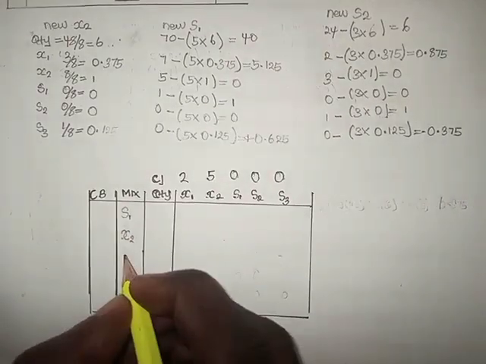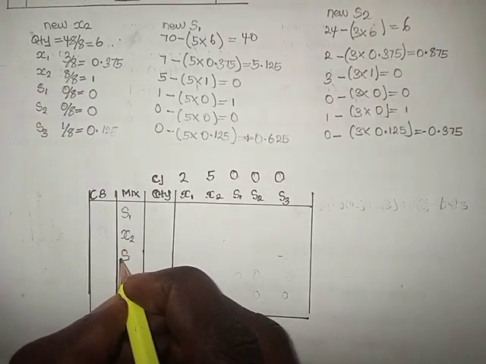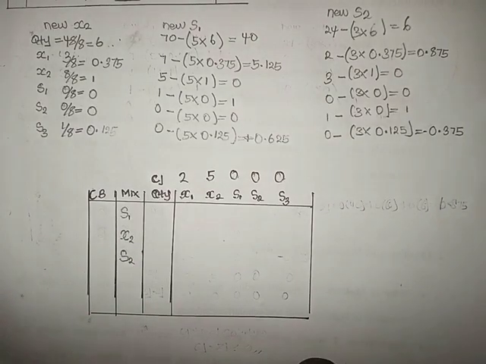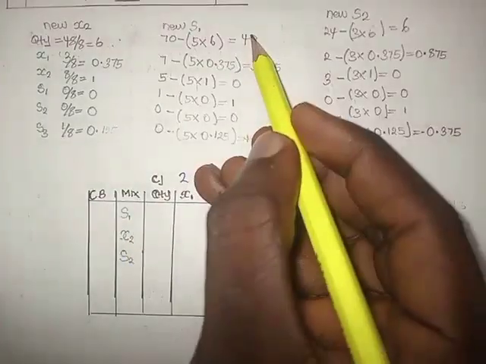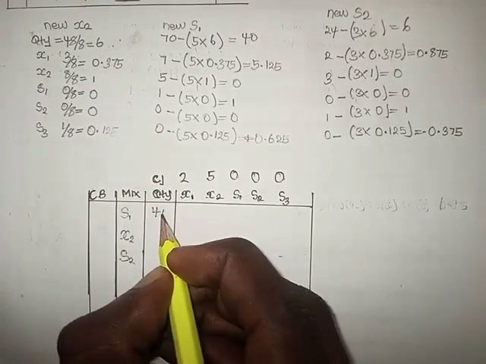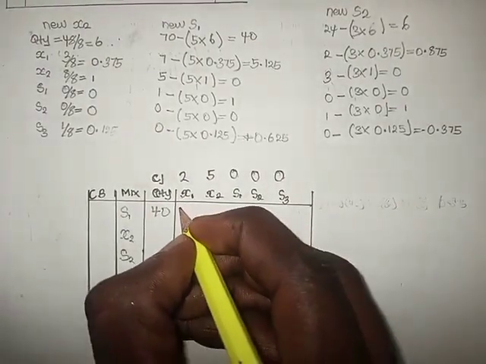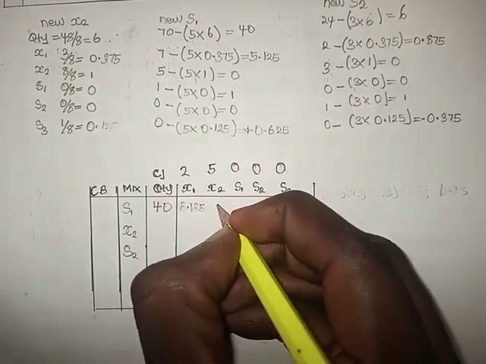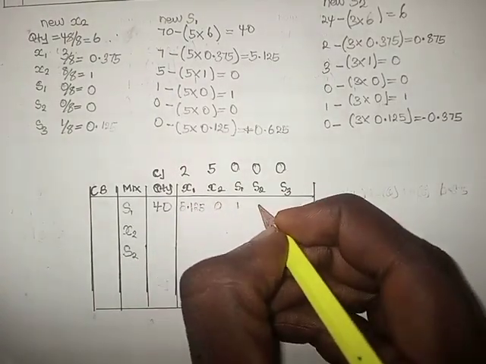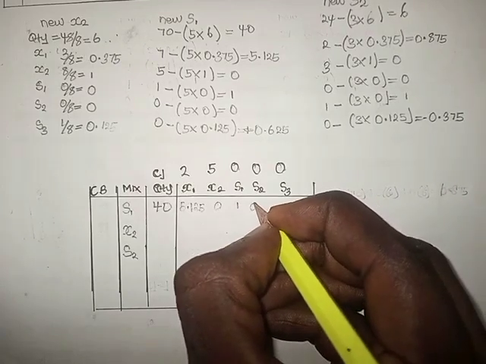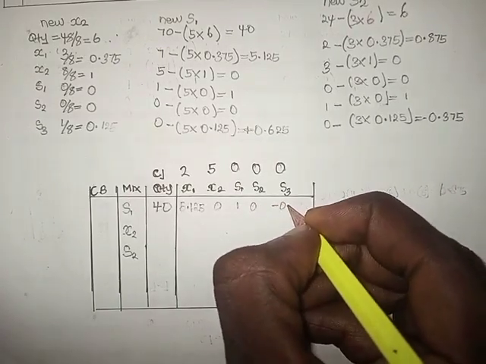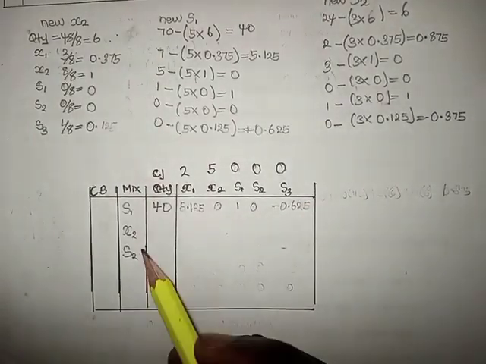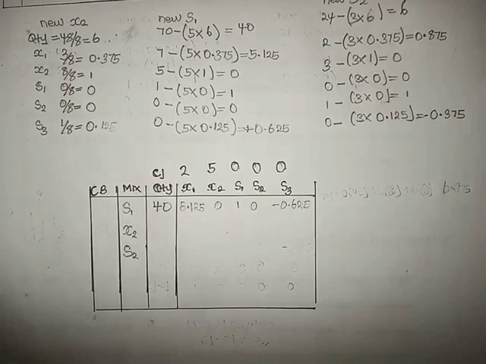So let's go for S1, which is 40 as a quantity, 5.125, 0, 1, 0, minus 0.625.